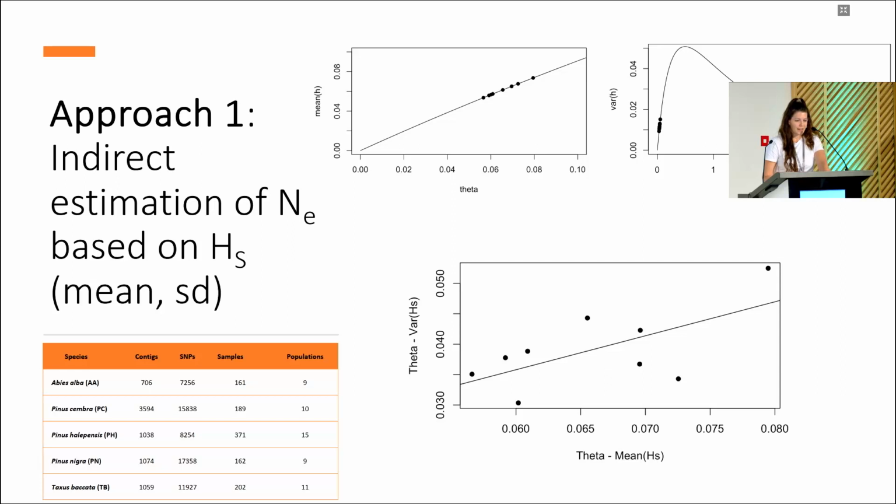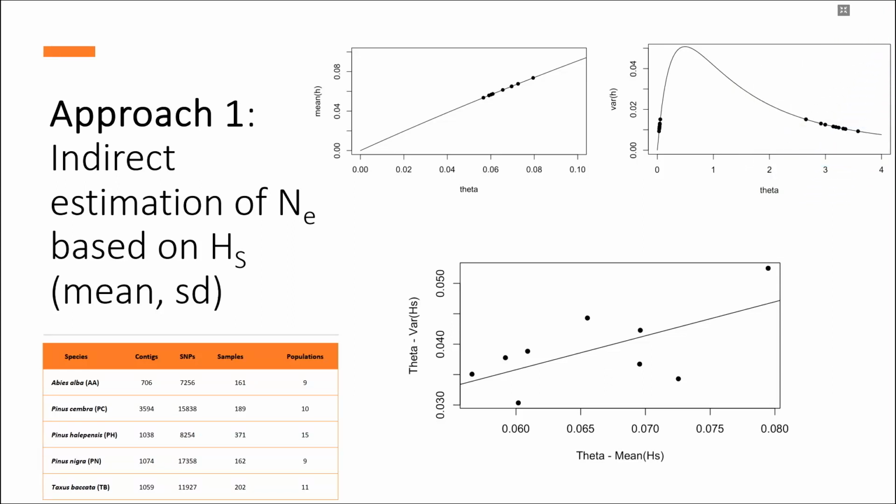And using the empirical data set, this is an example of one species. You can see on the first graph up there that when you use the formulas for the mean heterozygosity and the theta, there is a clear correlation. The same goes also for the second equation for the variance, it was a quadratic equation, so that's why you see numbers here and here.